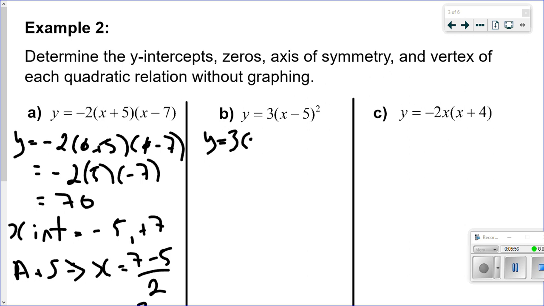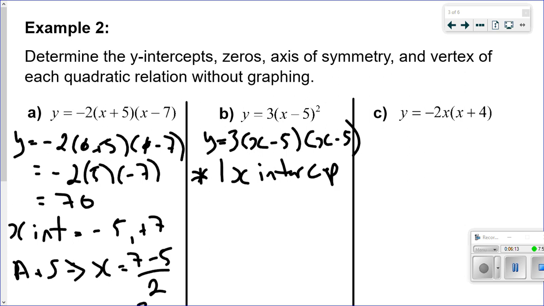Because remember, that squared means we have the value multiplied by itself twice. So what you need to memorize is 1 x-intercept. Okay, so this is a special case.